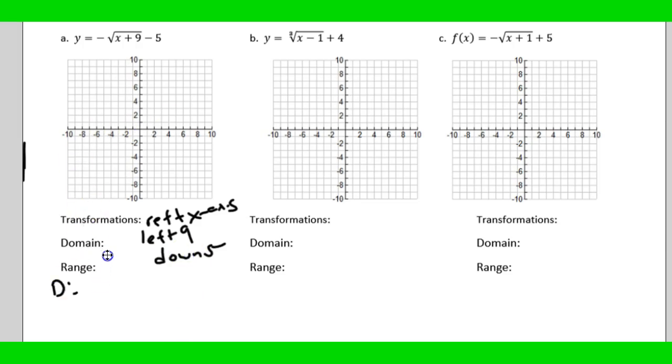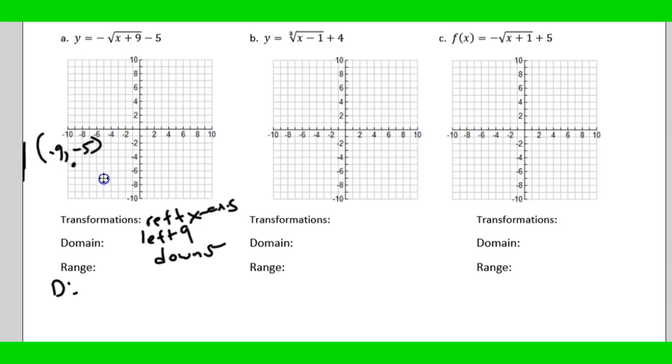For the domain, all right, when you graph this, you end up with, let's see, I'm just going to move the first point. Reflect over the x-axis, left 9, and then down 5, right there. So -9, -5.